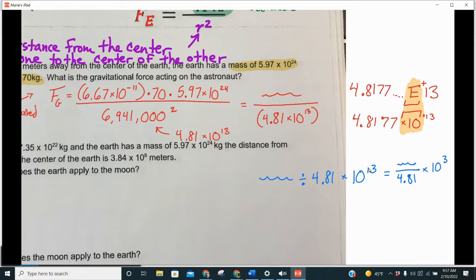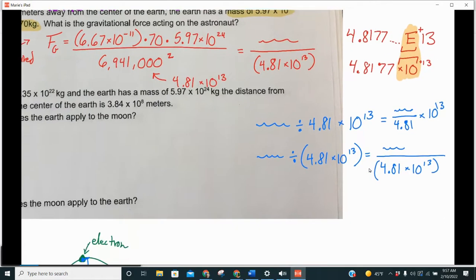Do you see the problem? With the parentheses, the number is divided by 4.81 times 10 to the 13th. Does that make sense? Okay, so be really careful, and if in doubt, put in extra parentheses.